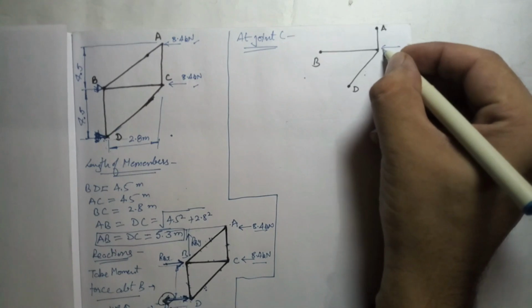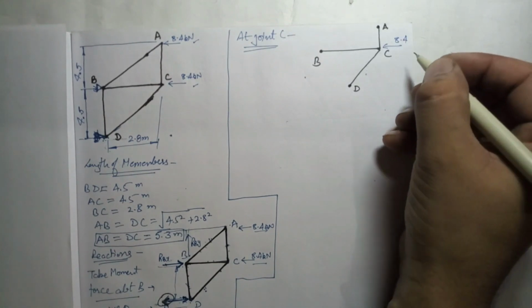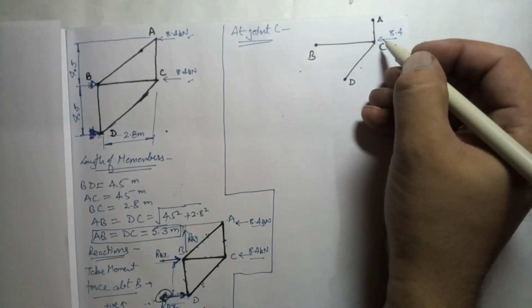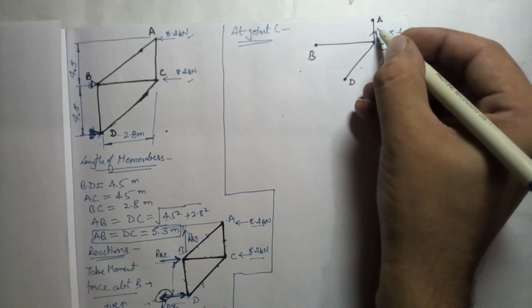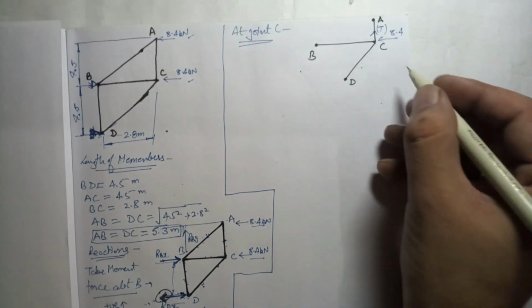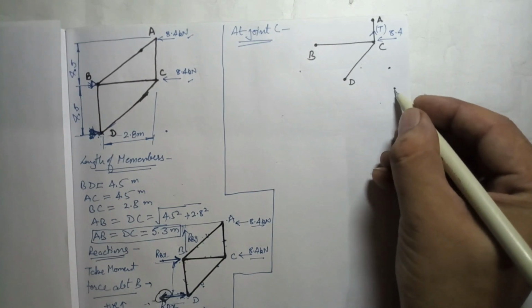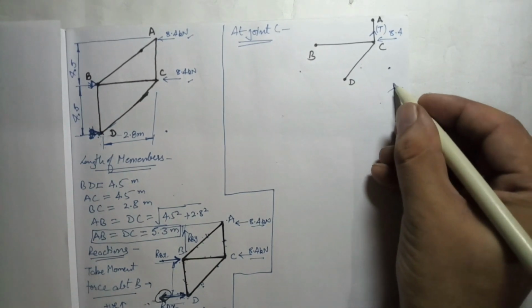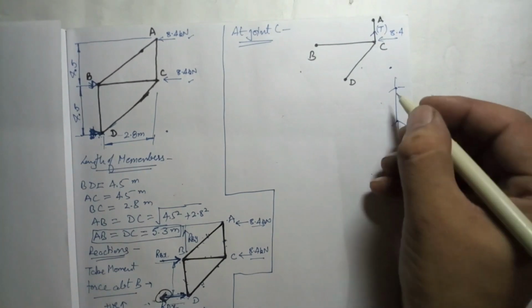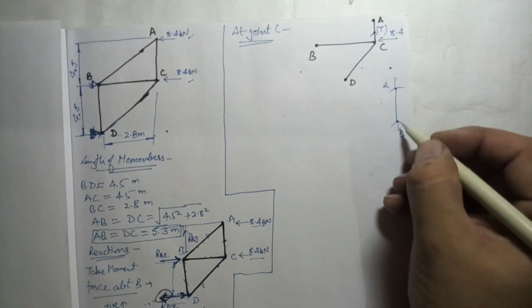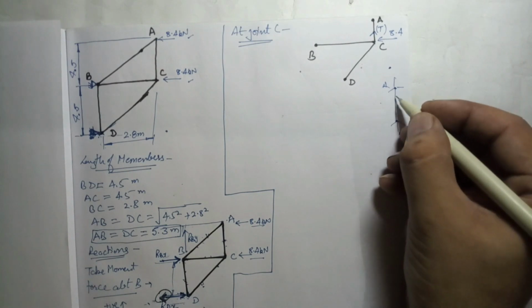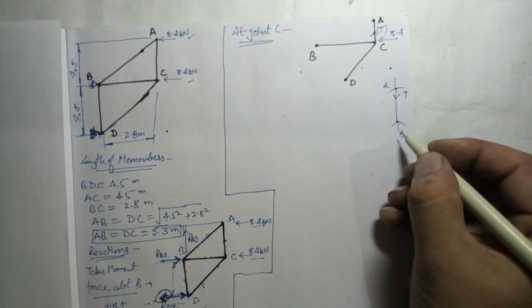Now what are the forces in this? We have the external force 8.4 kilonewton. I have calculated FAC. FAC is tension, so I am taking this tension on this side. Remember this, I have discussed it in the last numerical, in the last question also. If this is a joint, and it is having a number of joints, let's say AB, and you are finding in AB, for joint A, when you consider joint A, you get the value of tension on this side.